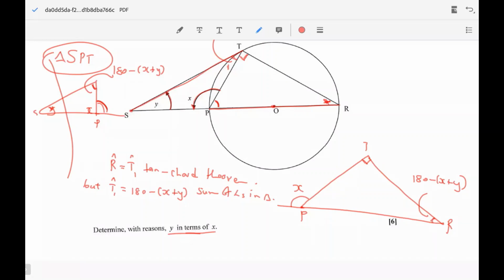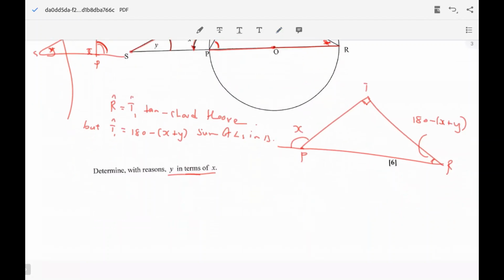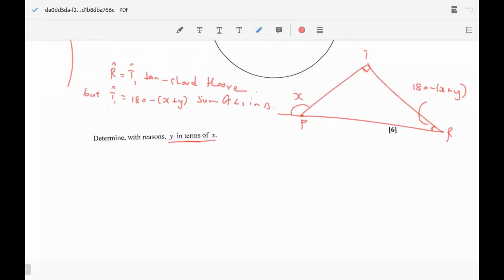So in the triangle, we can see that our 90 degrees, which is at T, plus T1, which is 180 minus brackets x plus y, should actually equal x, which is the exterior angle of triangle PTR.